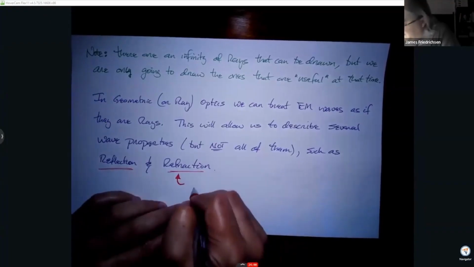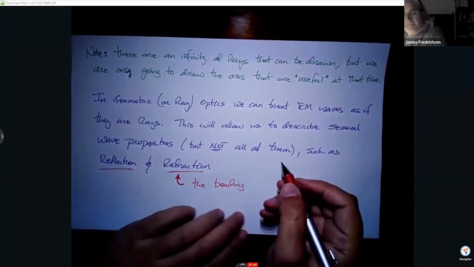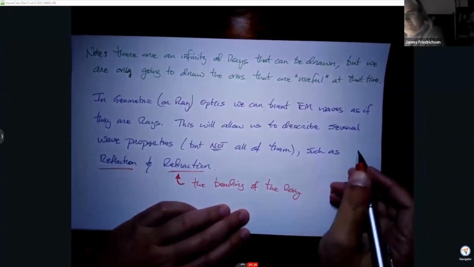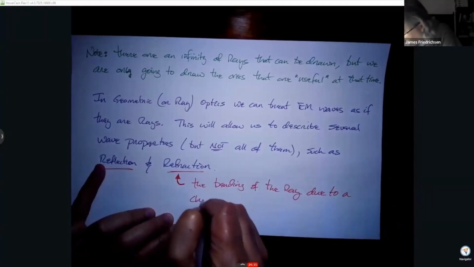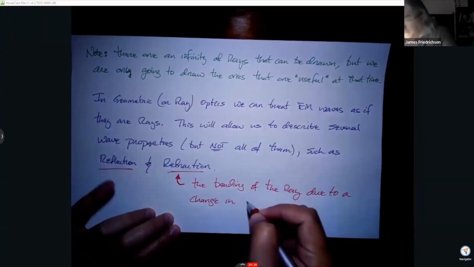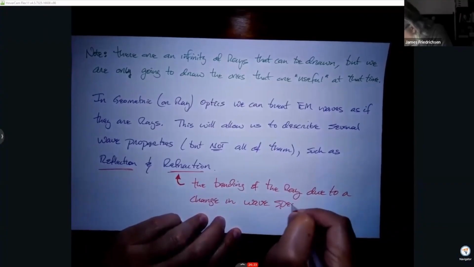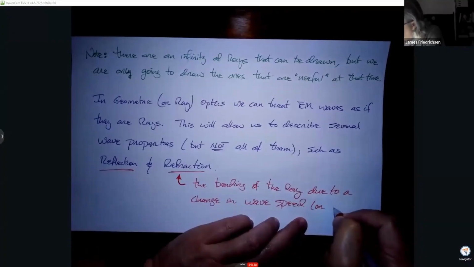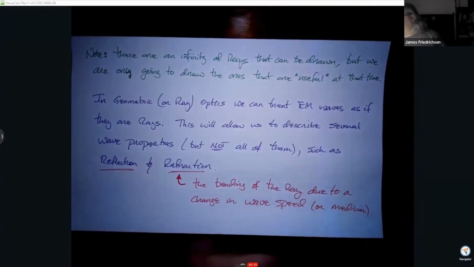Okay. If you change from one medium to the next, then we've changed the wave speed.